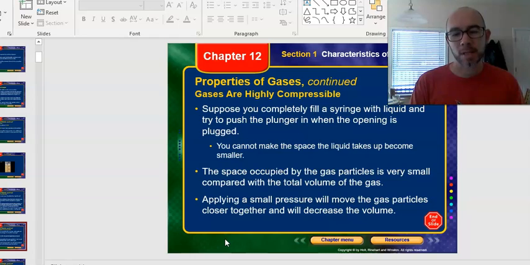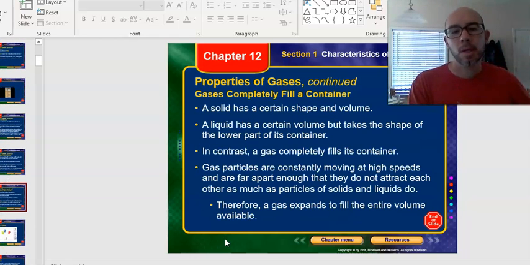So the space that's occupied by a gas is very small compared to the total volume of the gas, and so you can get those things to be much closer to each other and squish them together. Small pressure will move them closer together and decrease the volume, obviously. A solid has a certain shape and volume. A liquid has a certain volume, but takes the shape of the lower part of its container, like it sinks, right?